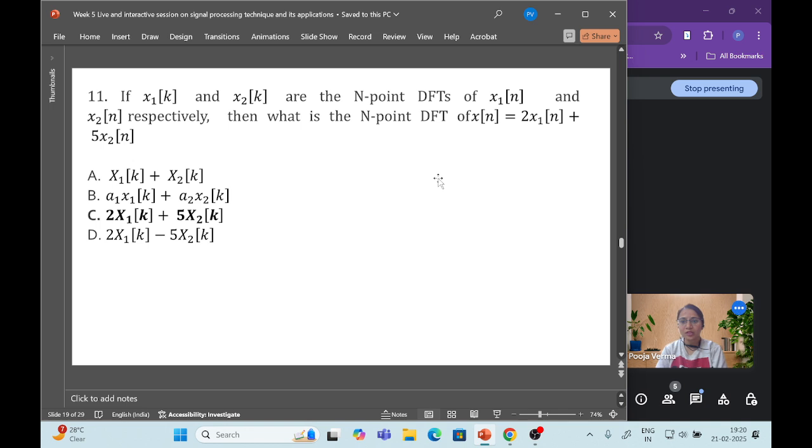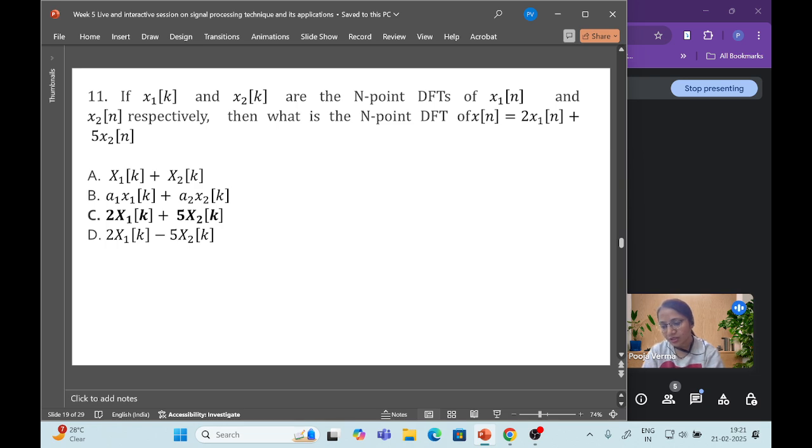Now the next question is, if X1 of k and X2 of k are the N-point DFTs of x1 of n and x2 of n respectively, then what is the N-point DFT of x of n equal to 2 x1 of n plus 5 x2 of n? Already we have solved this type of problem, so you can answer this question.